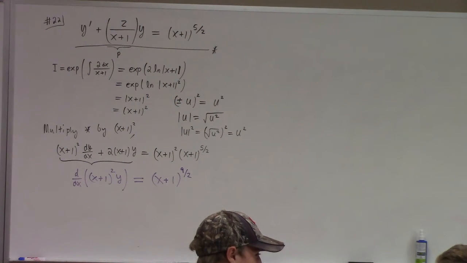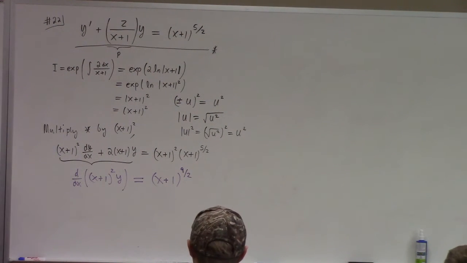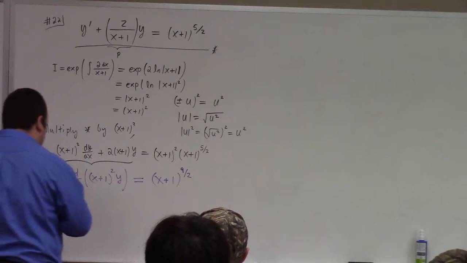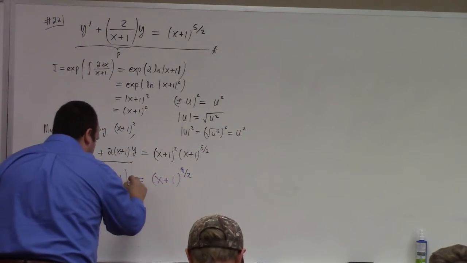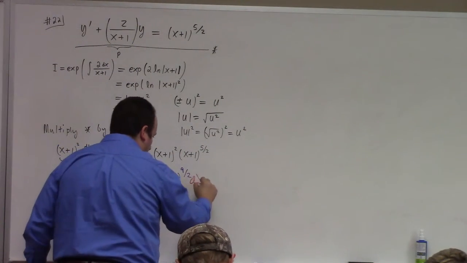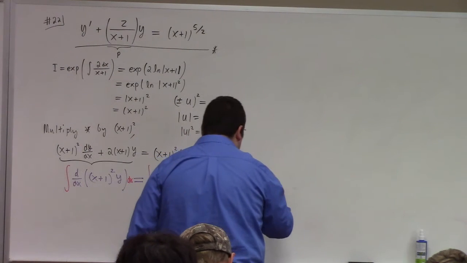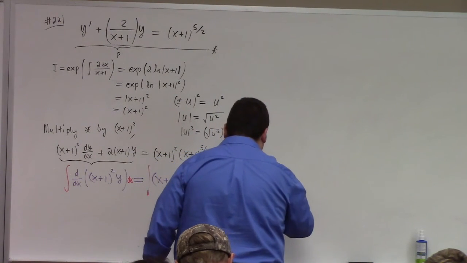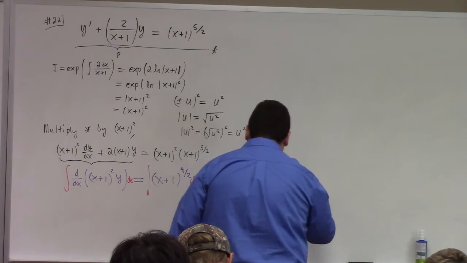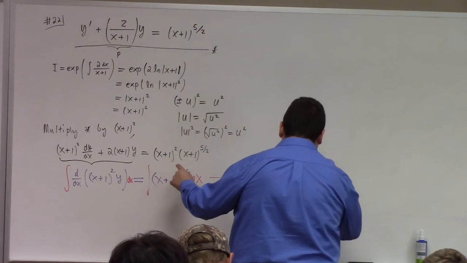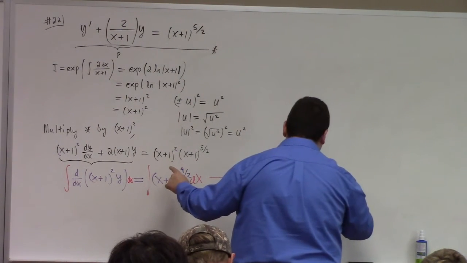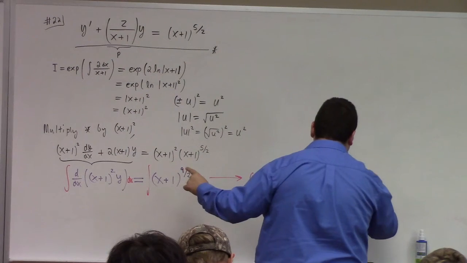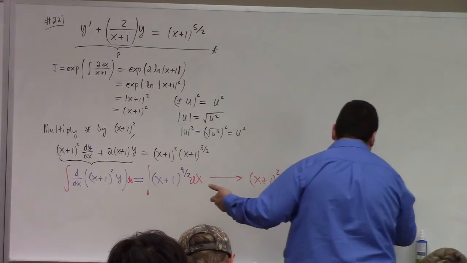And now we integrate, right? So integrating both sides gives me that x plus 1 quantity squared times y is equal to 2/11 x plus 1 to the 11 halves plus a constant.